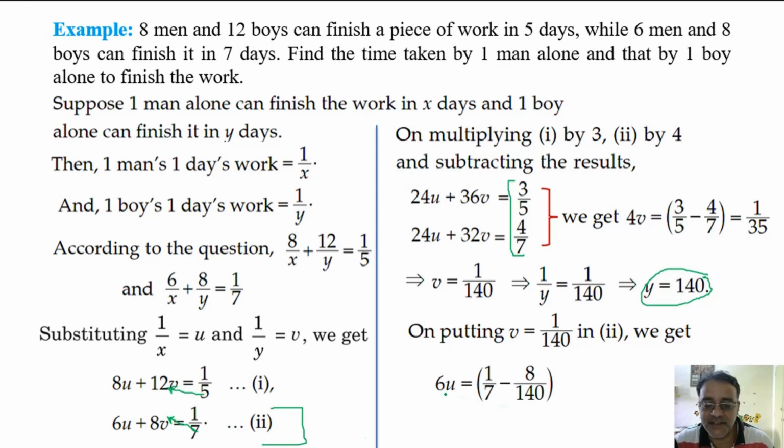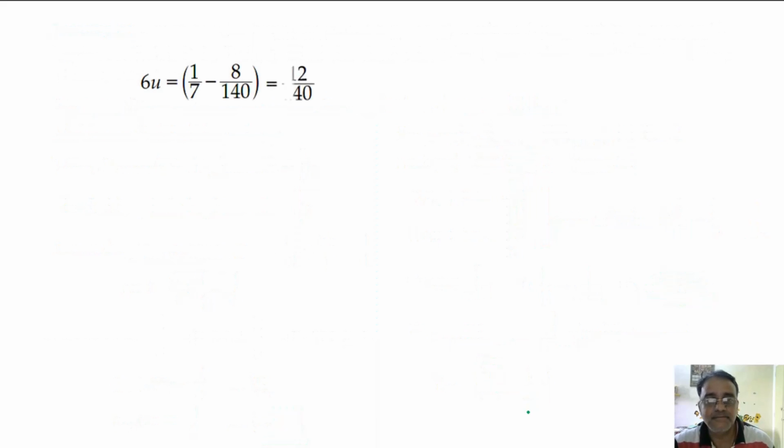So we'll get 6u is equal to 1 upon 7 minus 8 upon 140. So इसको हम लोग को 20 से इंटू करना पड़ेगा if you take LCM. So 20 minus 8, 12 upon 140. Okay.